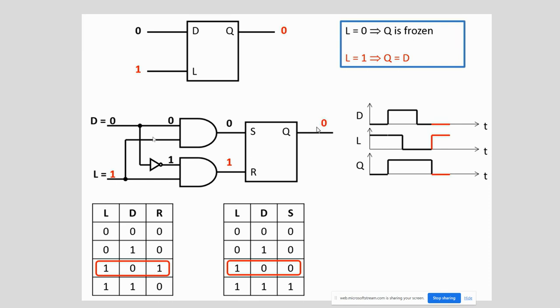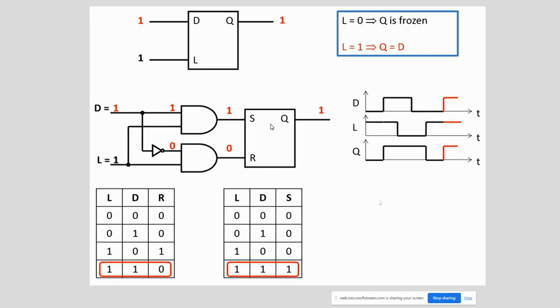So when we have D is 0 and L is 1, I know it's coming here as 1. And then for my S again, with L and D here, we know the S is 0. So when I have my bistable here coming into the R as 1, then Q equals basically D, and D is 0. Here, let's have a look at another example.